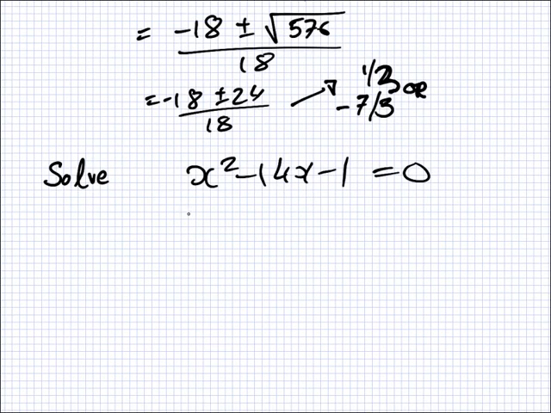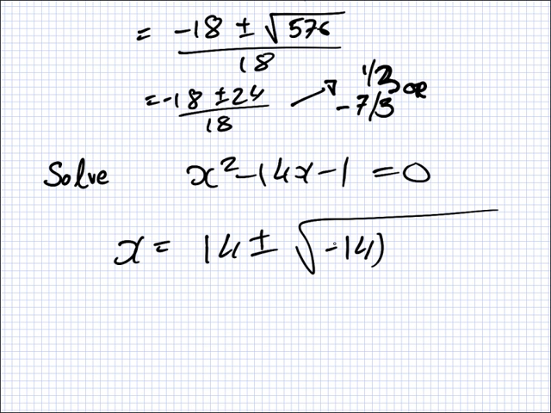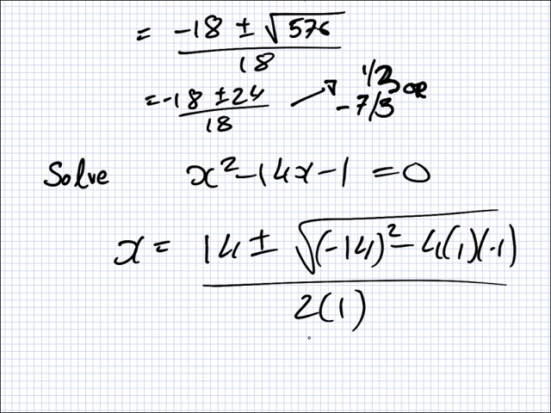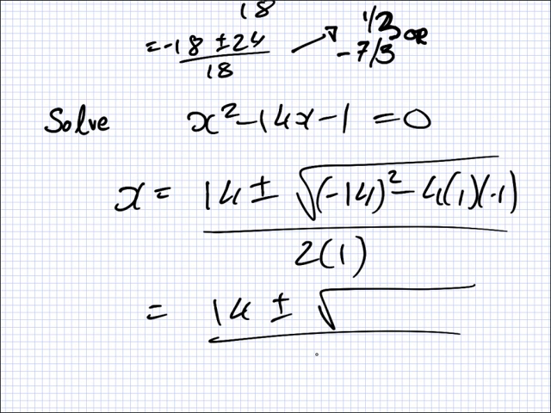What's the a? 1. b is minus 14 and c is minus 1. Minus b plus or minus square root b squared minus 4ac all over 2a. So that's 14 plus or minus square root something over 2.